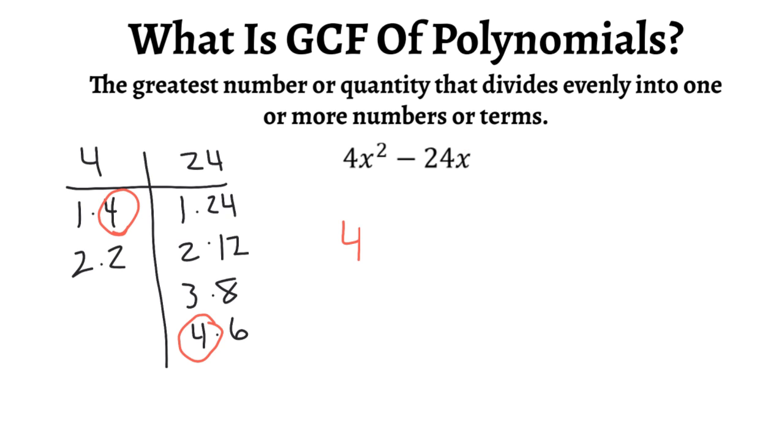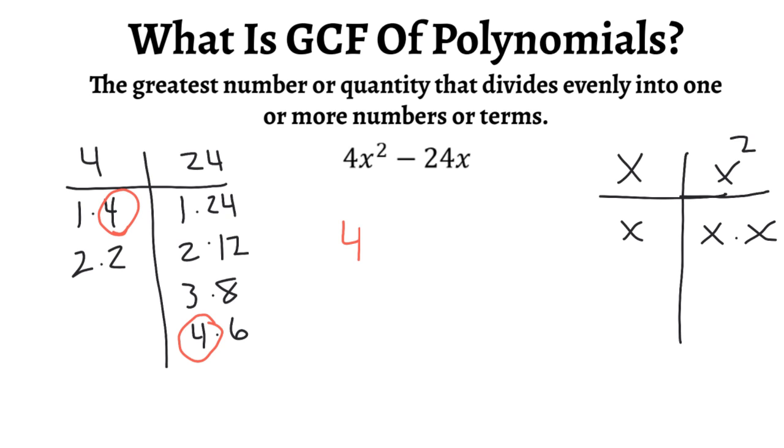I can make another column on the side and list the factors of the variables alone. x is just 1 times x, and the other one has x times x. That's what gives us x squared. Notice how they both have an x in common. I'll put that one in red as well. That is the greatest thing that they both share in common.